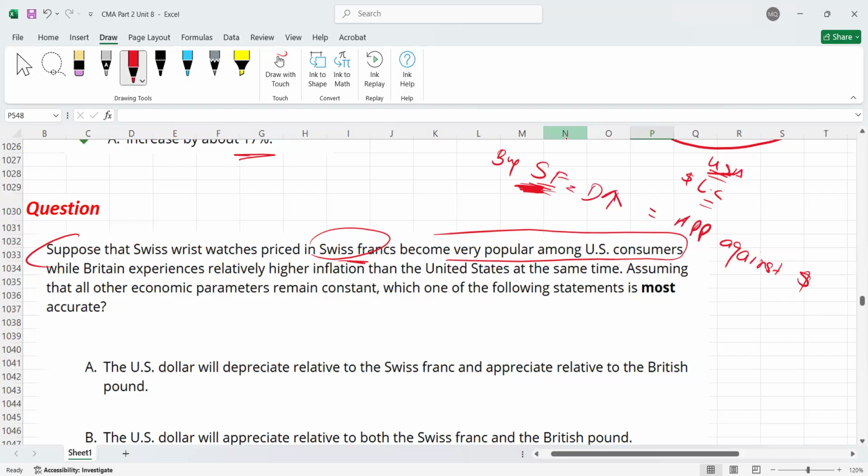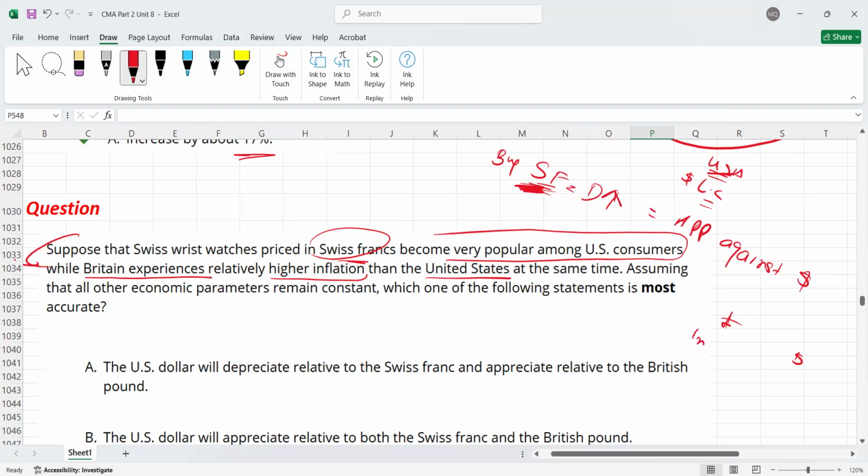Now you have to understand the second statement. They're saying, while Britain experiences a relatively higher inflation than the United States. Here we have pound versus dollar, and in the British pound we have high inflation.